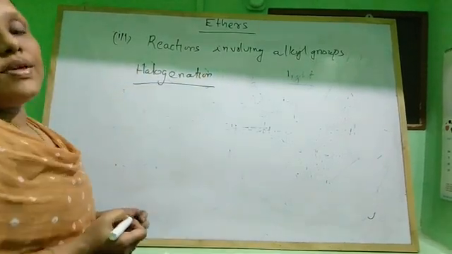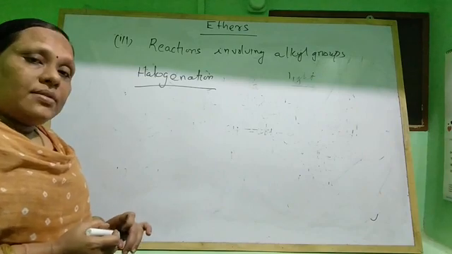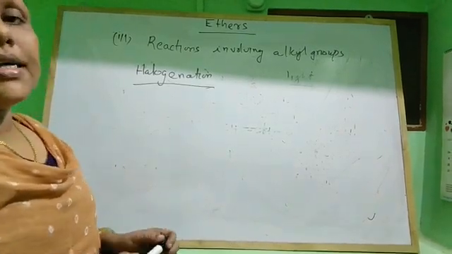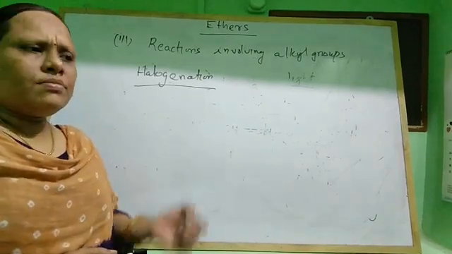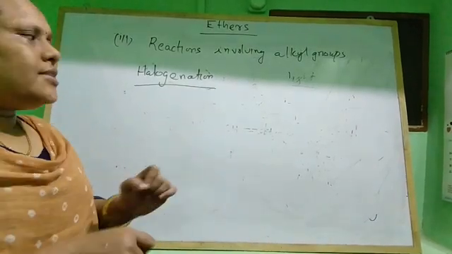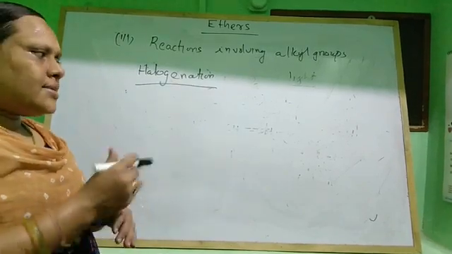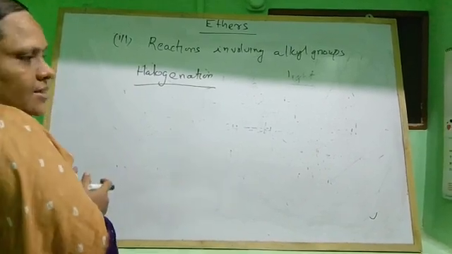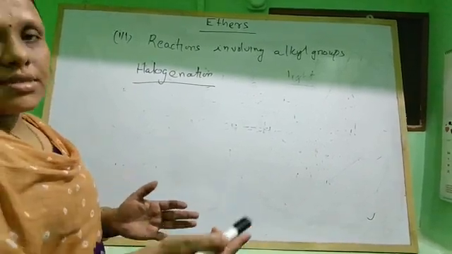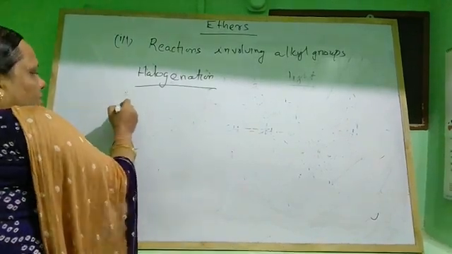When ethers react with chlorine or bromine in dark, a hydrogen atom from the alpha carbon is substituted by halogen. And this is a stepwise reaction. First one hydrogen from one side of the alkyl group, then another hydrogen from the other side. Look at the equation.